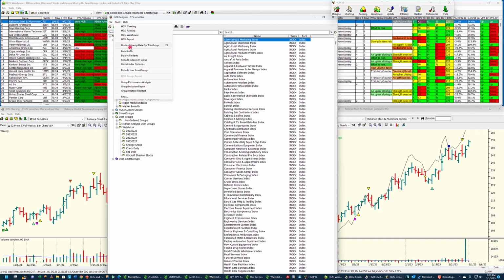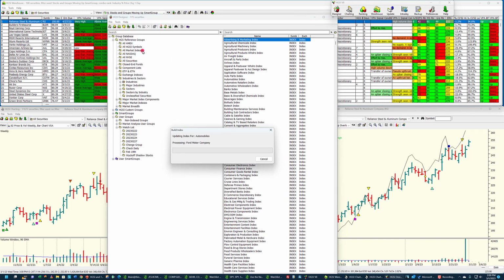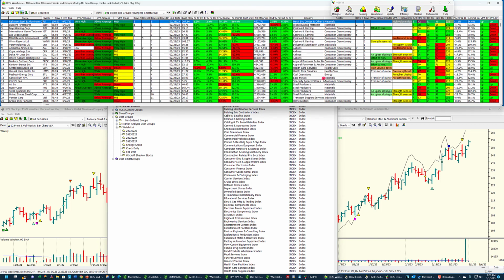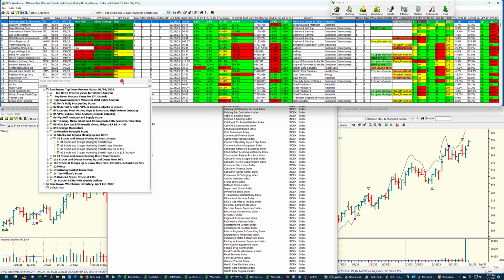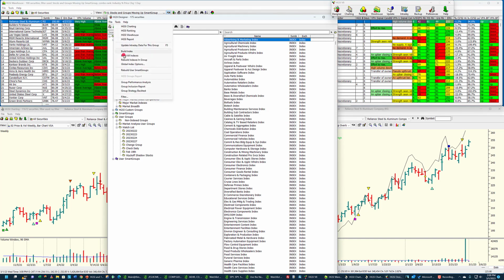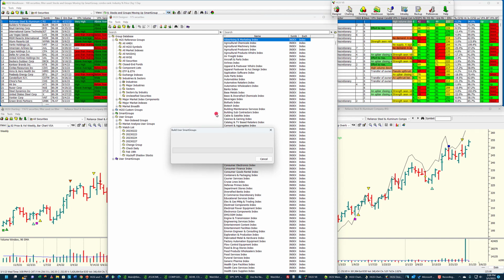Next, I'll go under Tools, and I'm going to rebuild the indexes and groups. So I'm rebuilding the industry groups with current stock data for all of these industry groups. Next, I'm going to show you some variations here or different scans. But before I do that, I want to rebuild my user smart groups.